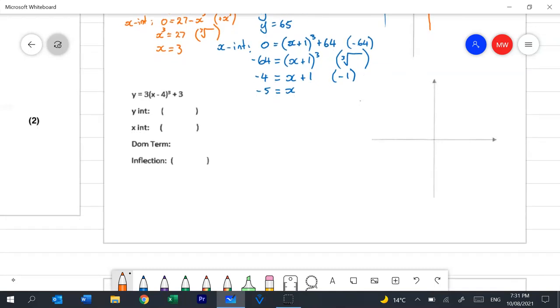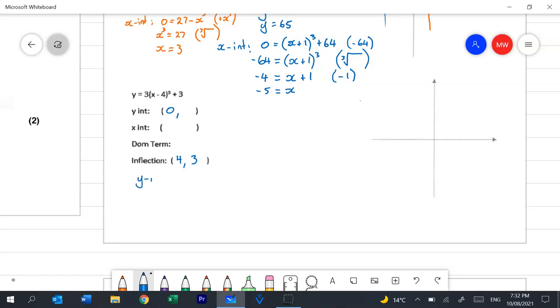This one is in a nice format for us to work out what the point of inflection is. So straight away we can see that it's going to be 4, 3. Again, I'm getting that from this and this. My y-intercept, so when x is nothing, what will y be?